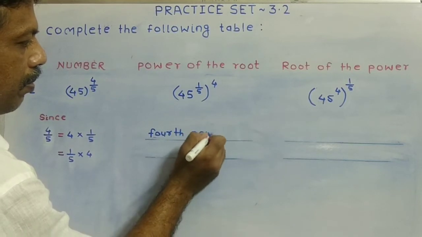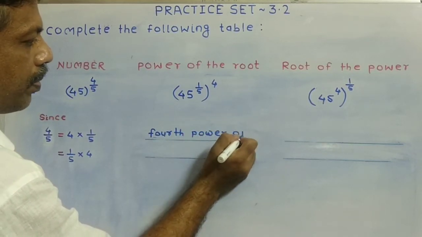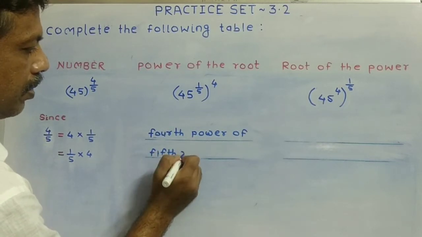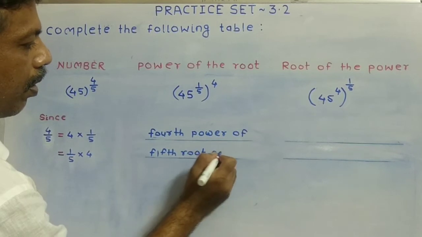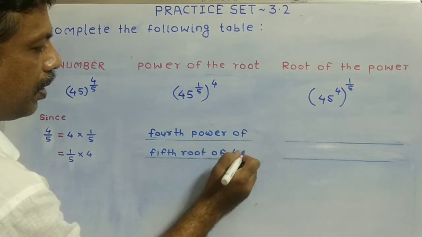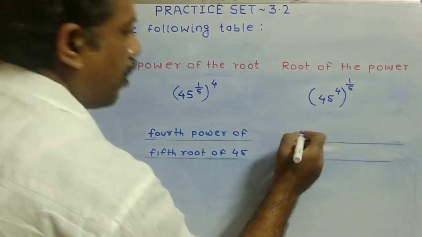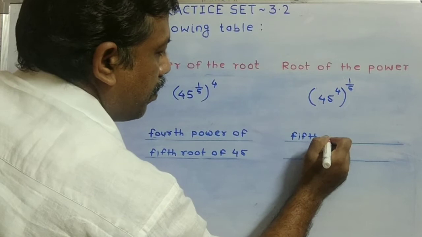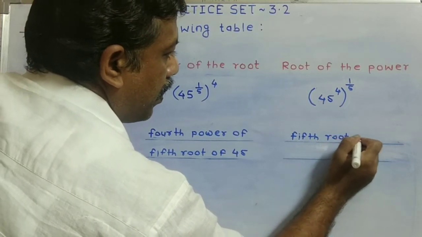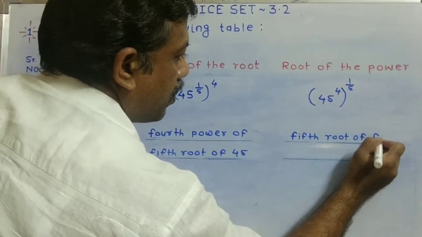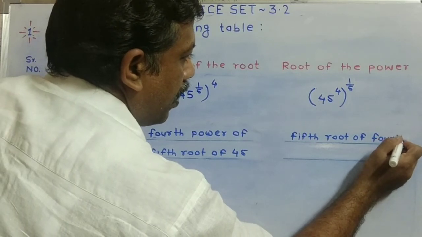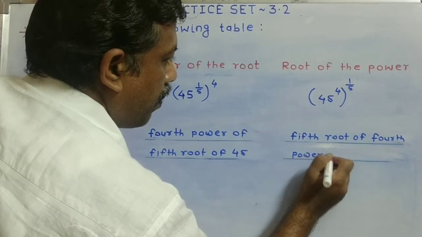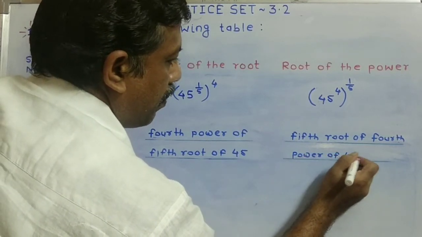Fourth power of fifth root of 45. In the similar manner, 1 upon 5 means which root? Fifth root of fourth power of 45.